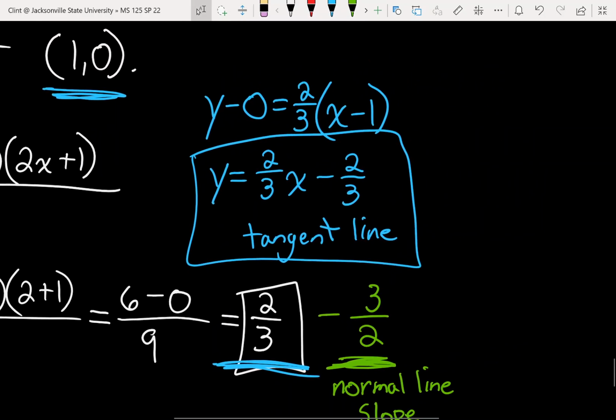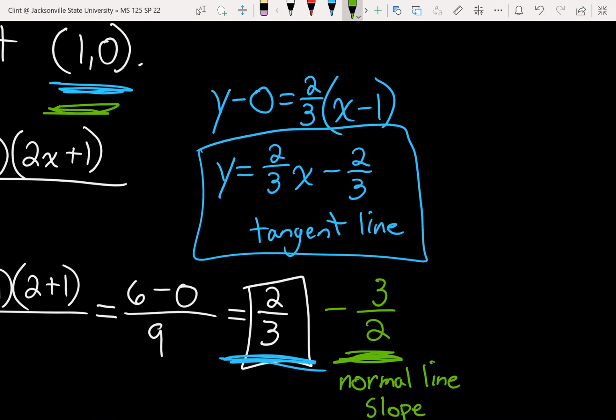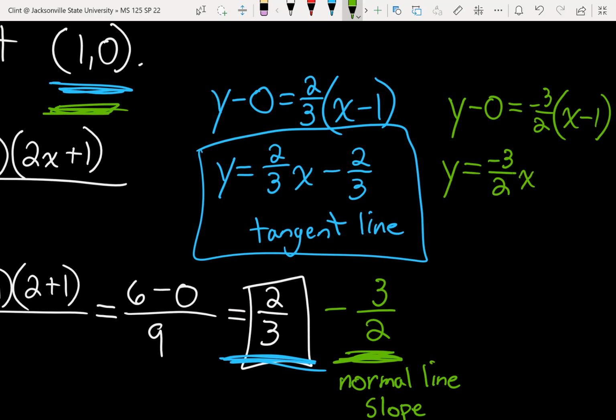To get the equation of our normal line, we use the same point. We won't go through the same point, but different slope. So y minus 0 equals negative 3/2 times x minus 1. We get negative 3 over 2 x plus 3 over 2. It's our normal line.